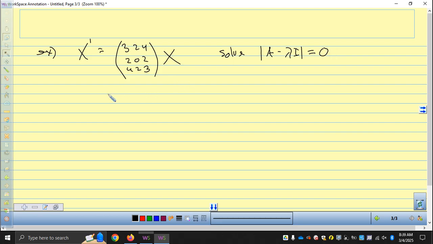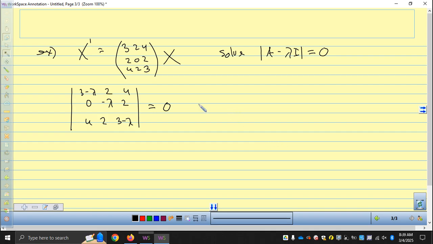That determinant is the matrix with rows 3 minus lambda, 2, 4; 2, 0 minus lambda, 2; 4, 2, 3 minus lambda. And we want that to equal 0.